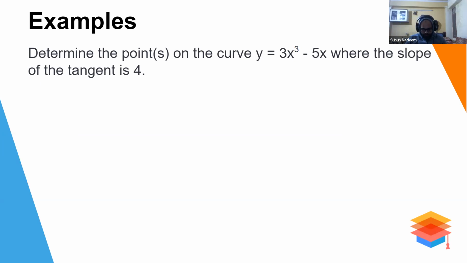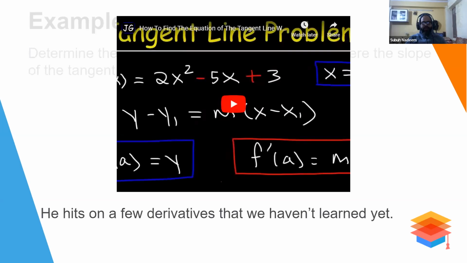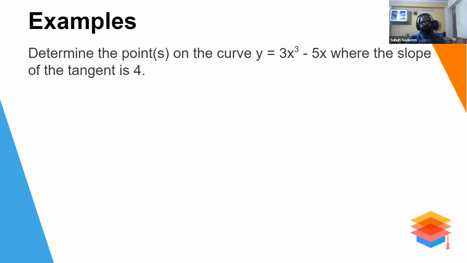Now find y also. Put x as 1 here. In this one, y is equal to 3x squared minus 5x.